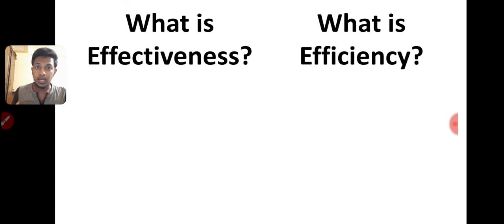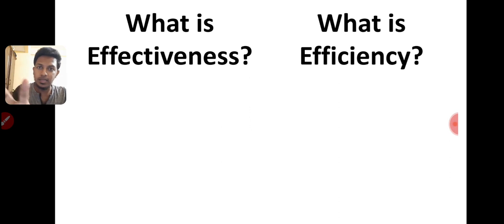But I have to do that action quickly. Speed, that is efficiency, within less cost. If I can read one page in 2 minutes, and you read that page in 1 minute, that is efficiency. Efficiency means less input and more output, right?